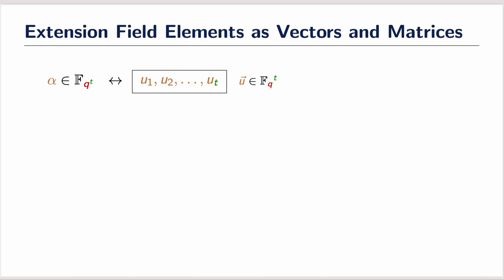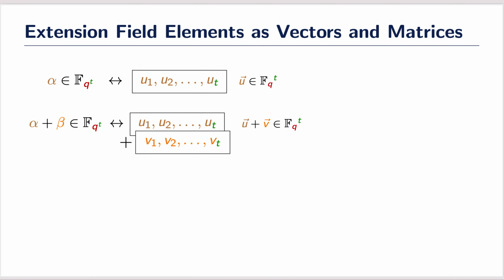Okay, so how do we view a field element like this alpha in F_q^t as a vector of t dimensions over F_q? Well, this may or may not be surprising, but you can do this. There's an encoding to go back and forth, and this works really well. F_q^t, the extension field, also has a vector space structure over F_q.